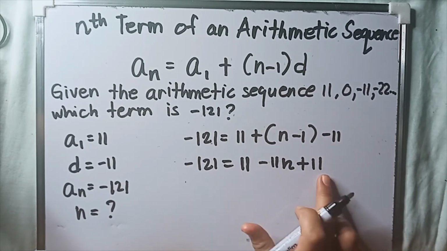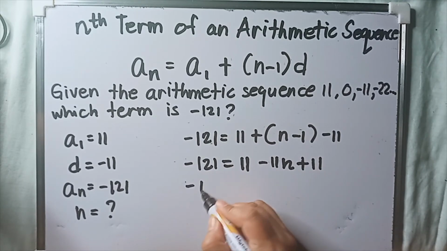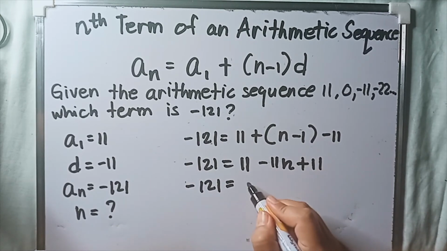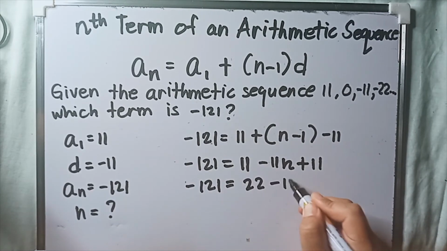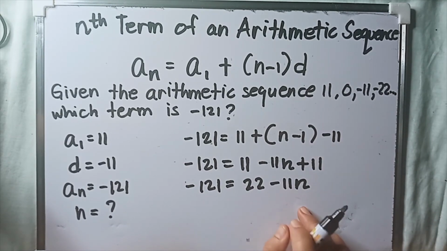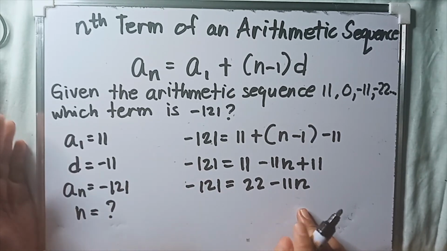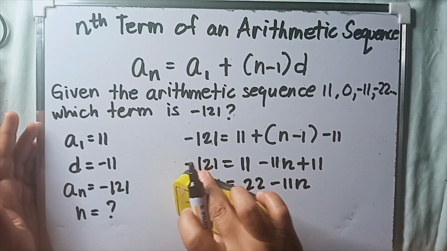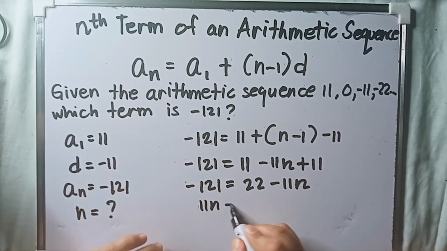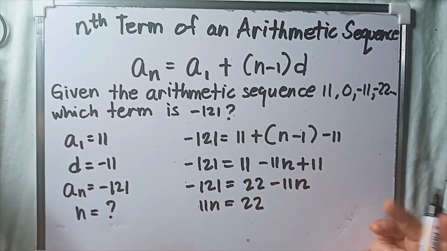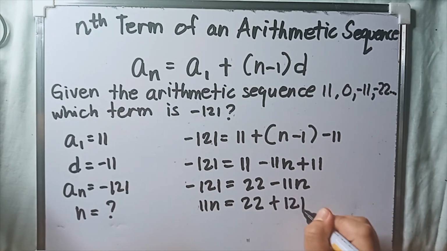So, combine natin muna itong dalawang constant. So, magiging negative 121 equals, so, add natin sila. We have 22 minus 11n. So, since we are solving for the value of n, we just let our n be on the left side of the equation. So, lipat natin siya. Negative 11n ay positive na pala. Paglipat. Equals 22. Yung negative 121 magiging positive 121.